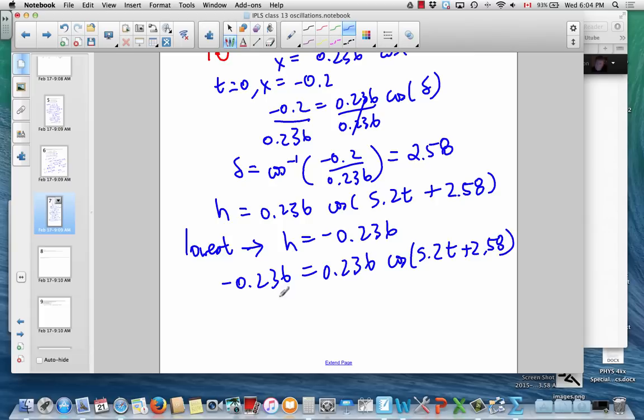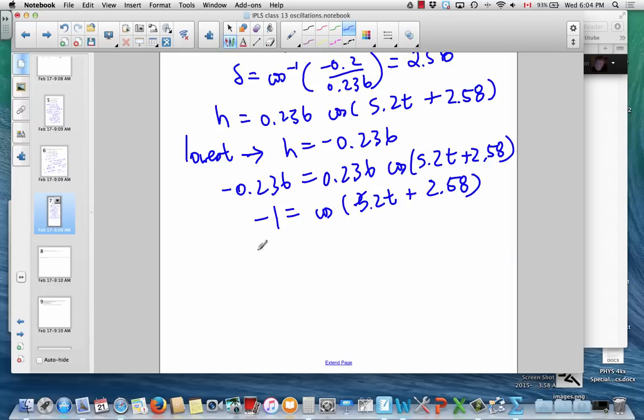So dividing by 0.236 just gives you minus 1. Oops, 5.2t plus 2.58. So we're going to do the inverse cosine of both sides. So we need to do the inverse cosine of negative 1. And, oh my goodness, this should be 2.58 if I write neatly.